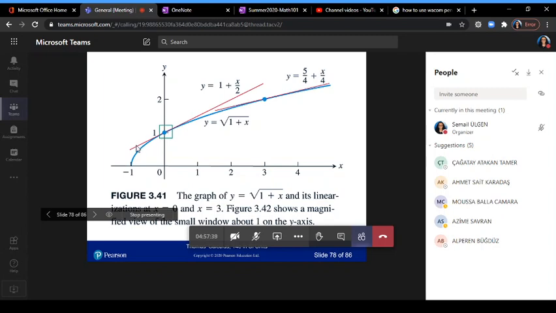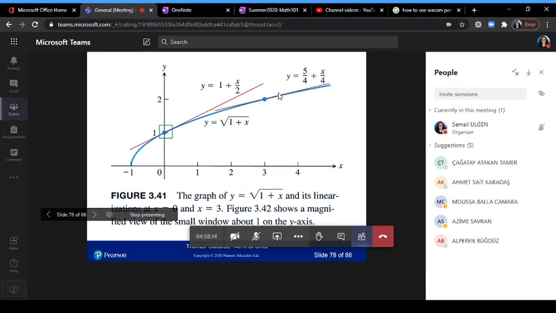We just find the tangent line equation at this point, and we can find the tangent line equation at this point, and if you're interested in, for example, f of 0.001, what you should do is put it in here: 0.001 over 2 is 0.0005, plus 1. So 1 plus 0.0005 is the approximate value of f of 0.001, right? That's how you could do it.